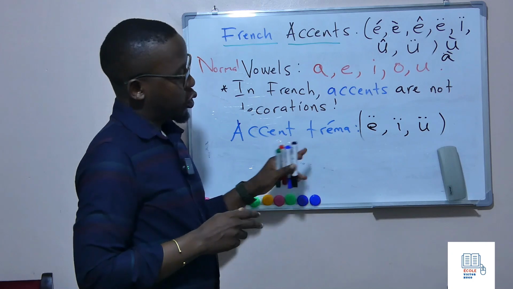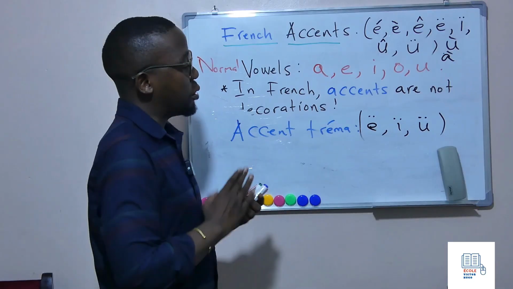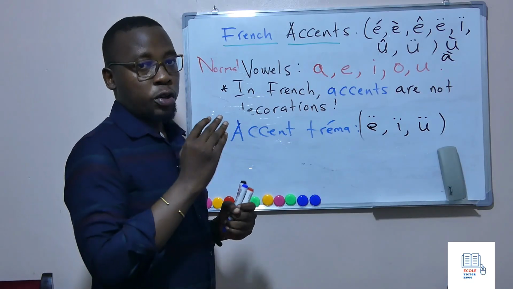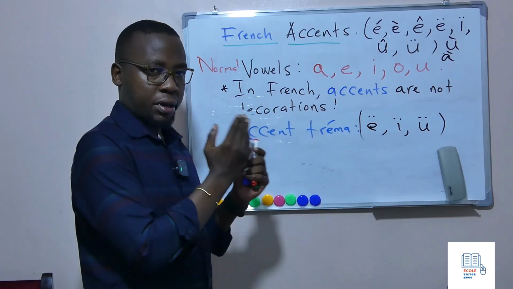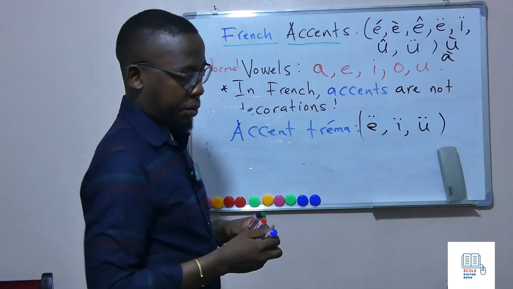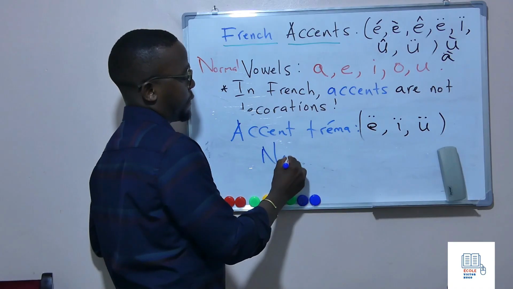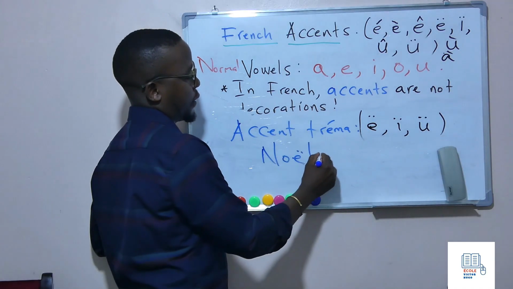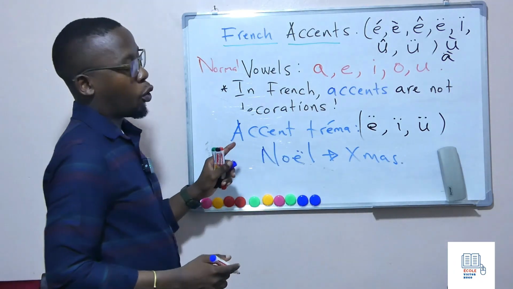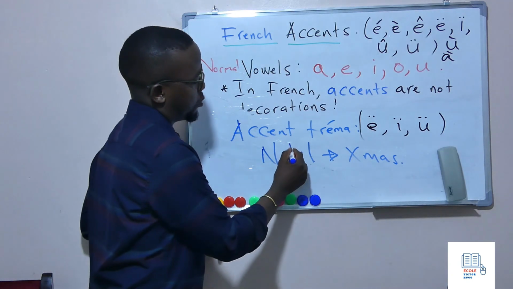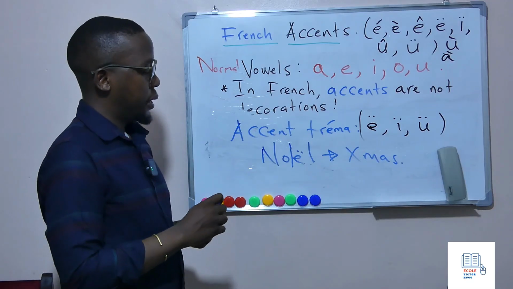Now what these ones do is that they help you pronounce vowels separately. When you find them in the word, you find that the syllables are pronounced really separately. For example, when you look at the word Noël. Noël is Christmas. So you find that the vowels are pronounced separately. Noël.